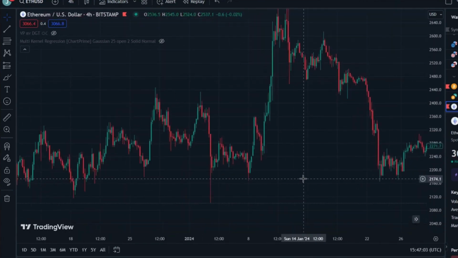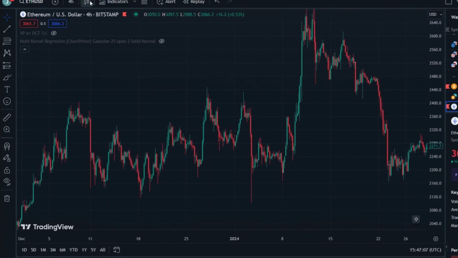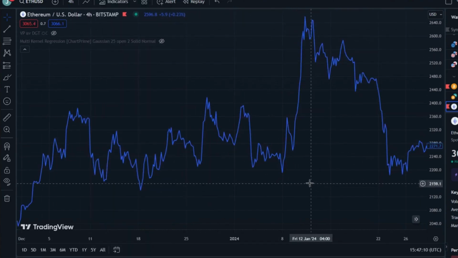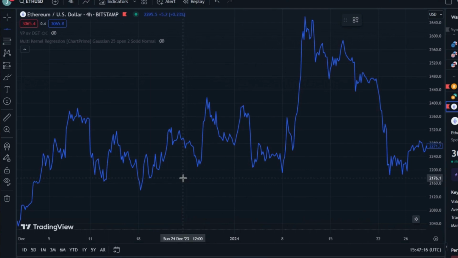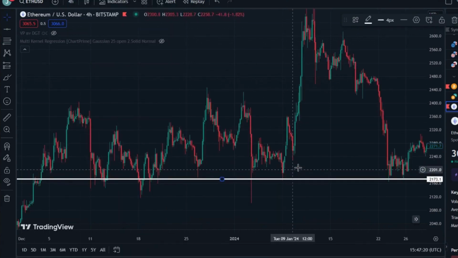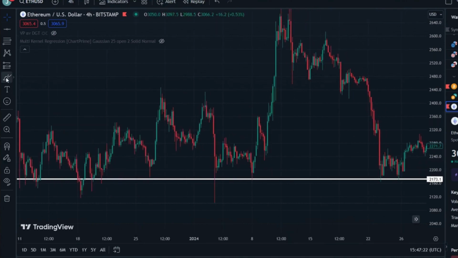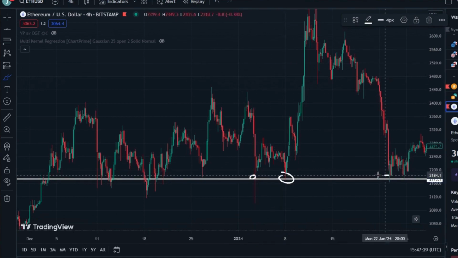Right here, I think this is a good horizontal level, as we can see in the chart, and the line can be helpful for us right now. Let me draw this horizontal line and we will see the candlesticks better.